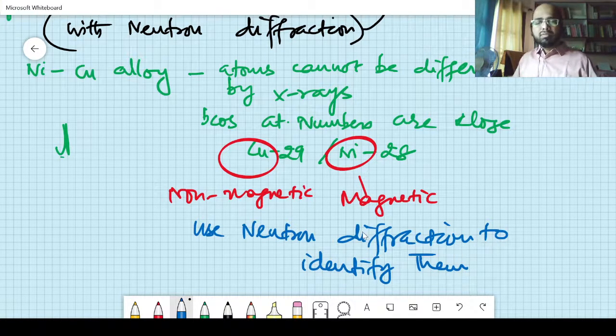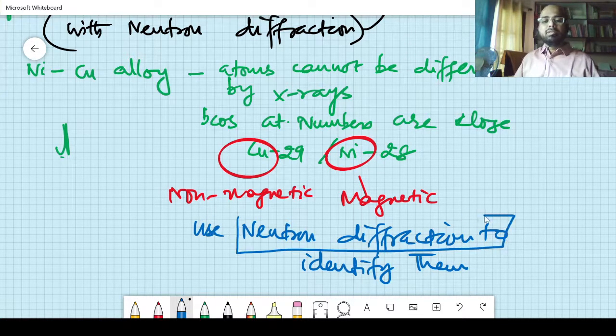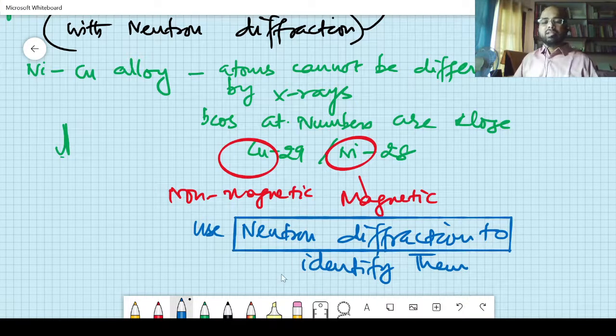Even though the neutron is neutral, it has a magnetic moment because of its spin. This magnetic moment is interacting with the magnetic moment of the copper and nickel. So nickel may be paramagnetic in nature and copper may be diamagnetic in nature. Therefore this magnetic property is answered by neutron diffraction only and not X-ray diffraction.